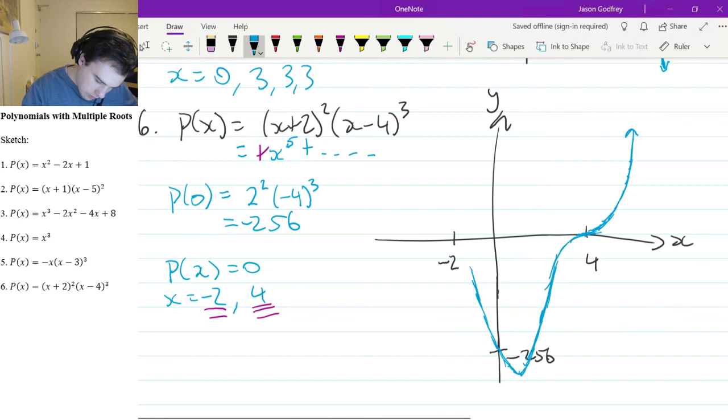Now when it comes up to negative 2, negative 2 is a double root, so it's going to come up and bounce off the axis like that. Obviously not to scale with how far down the negative 256 is, but that's the curvature and what's happening at the roots there.